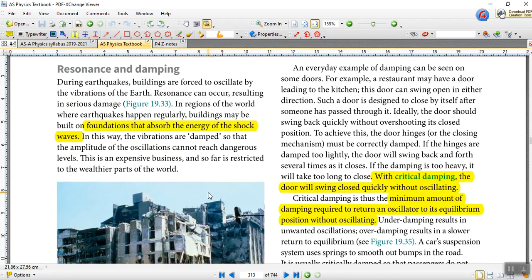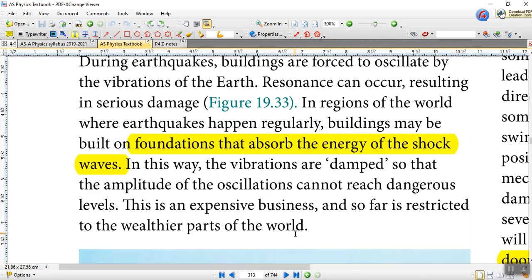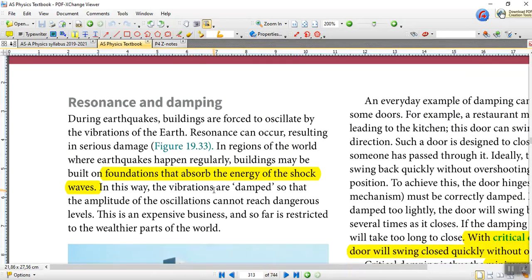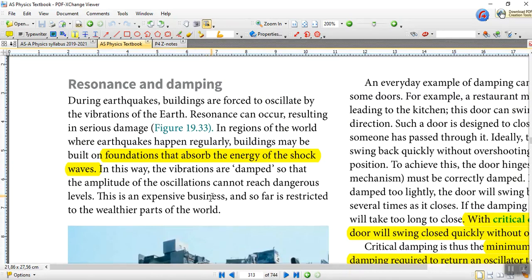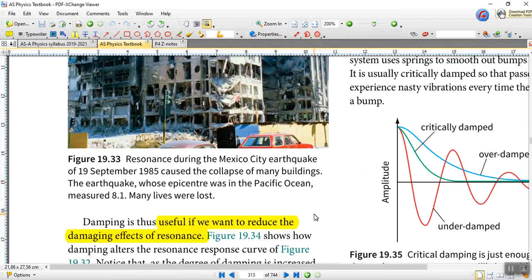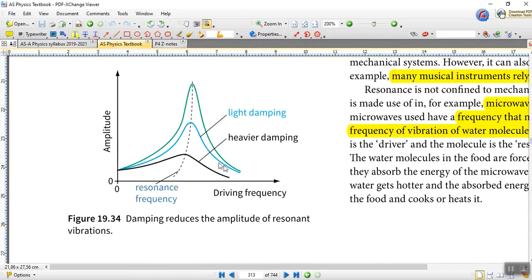Okay, so when we build buildings, we obviously don't want them to start shaking uncontrollably, and that is where we use damping. We want to build the building so that the foundations absorb the shock waves. Damping is thus useful to reduce the effects of resonance.